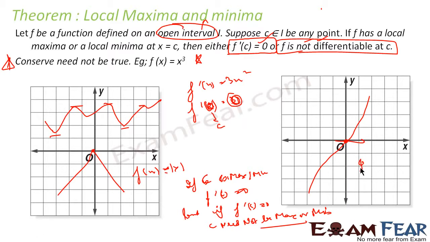This kind of thing is called a point of inflection. This is a very rare scenario actually. Mostly f dash c is equal to 0 means it is a point of maximum or minimum. The very rare scenario is the point of inflection where the slope changes and this point has slope 0. This kind of point is called a point of inflection, where f dash c is 0 but it is not maximum or minimum.